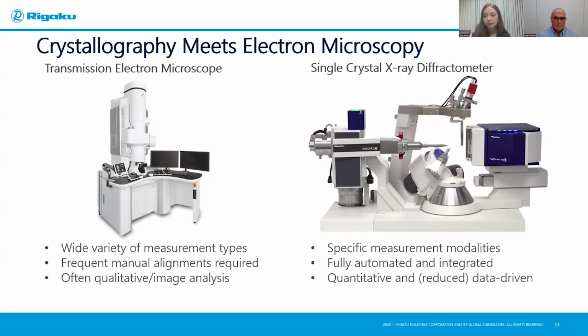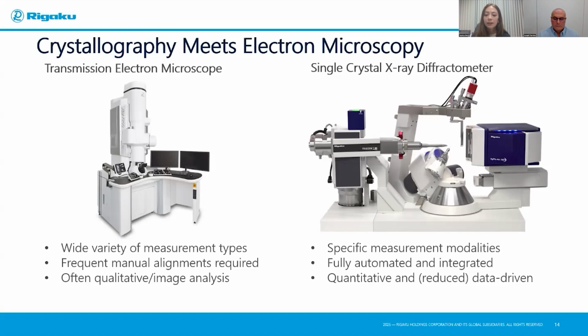before you can even get to the point that you're going to perform your diffraction experiment. And when you do perform your diffraction experiment, the data collection and the data processing pipelines are generally separate processes, meaning that when you're actually using the instrument, what you're looking at is qualitative and mostly just image analysis visually.